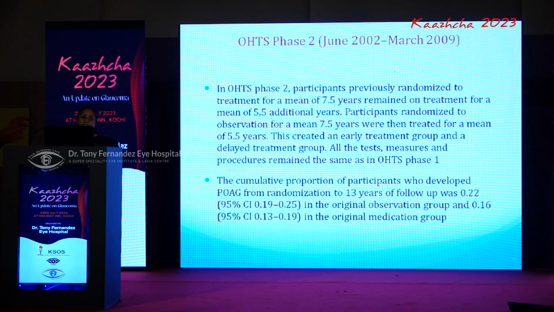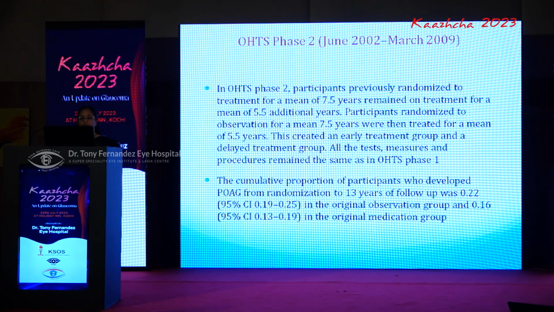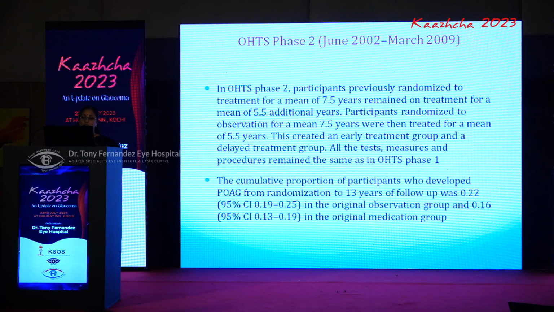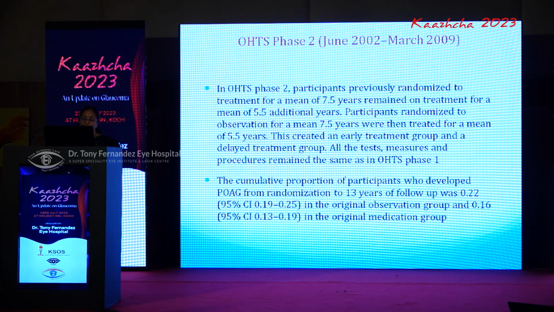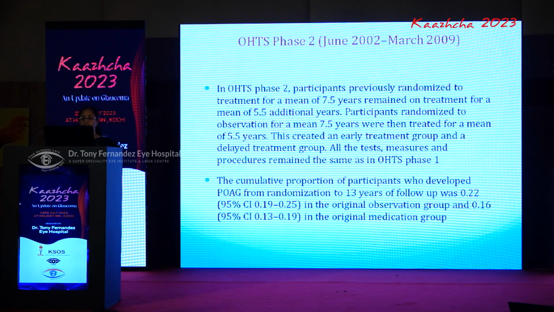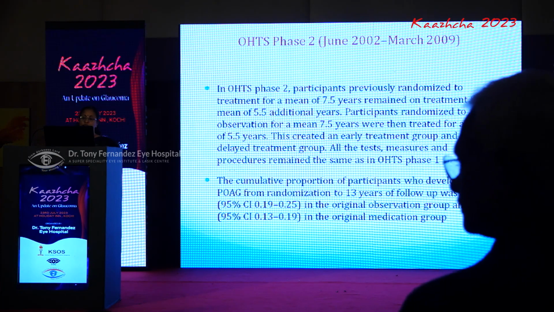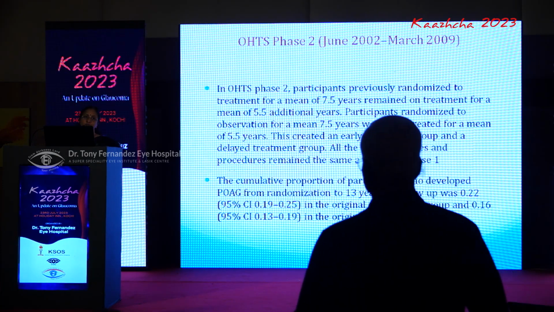So there was an early treatment group and a delayed treatment group. Again, the incidence was calculated, and the cumulative proportion of patients who developed POAG in the original observation group, that is the delayed treatment group, was slightly greater, 0.22, and in the early treatment group was 0.16.